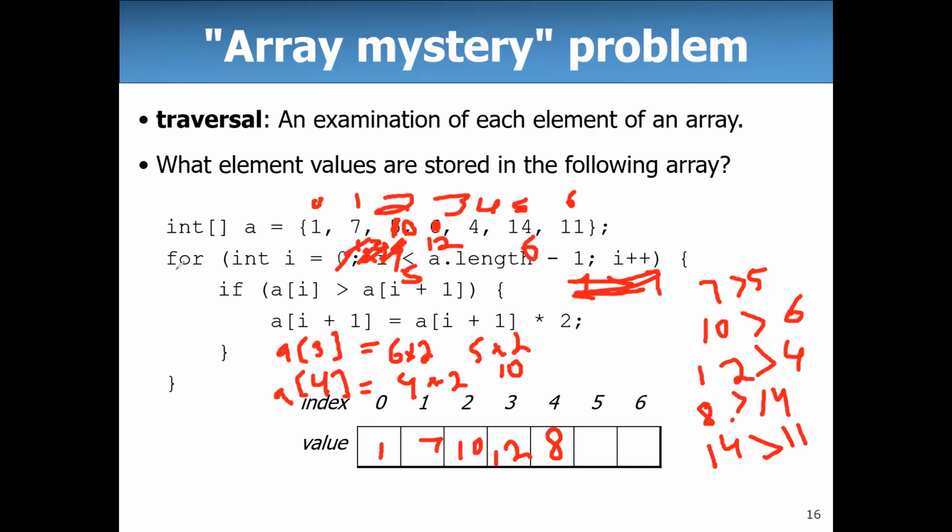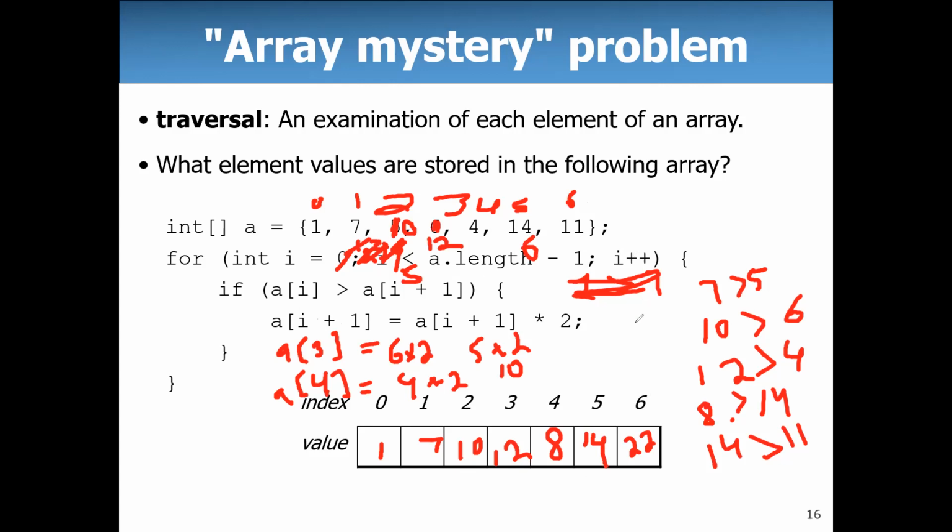Yes, you go inside. a of i plus 1 is index 6, so you are updating the last index, which is 11, times 2. So your 6th index will be 22, and as index 5 was not changed, it stays 14. So this is your final answer, the final output of this array.